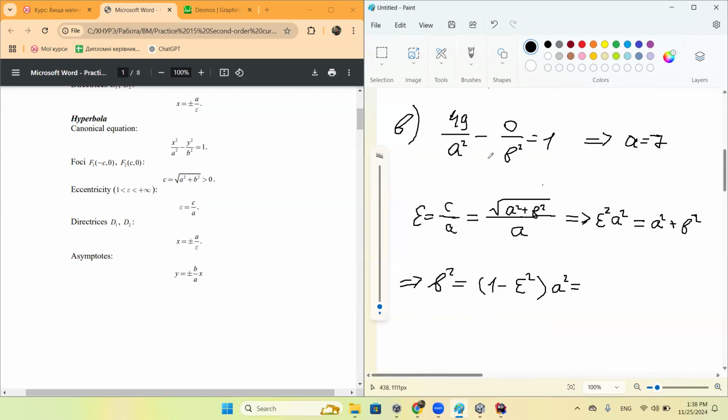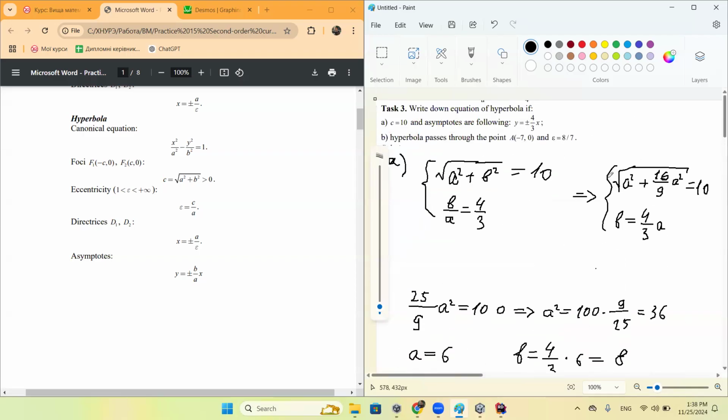Sorry, I confused the sign, and nobody told me that something went wrong. So epsilon to the power of 2 minus 1.